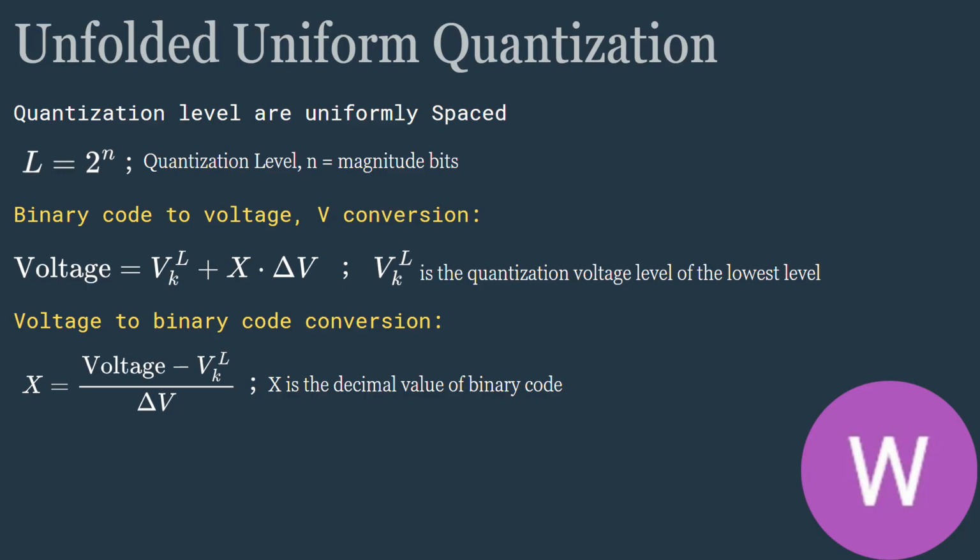For the second formula, voltage to binary code, X equals voltage minus VKL over delta V. This is just rearranging the formula above to get the term X. So these are the two formulas for conversion between binary code and voltage.